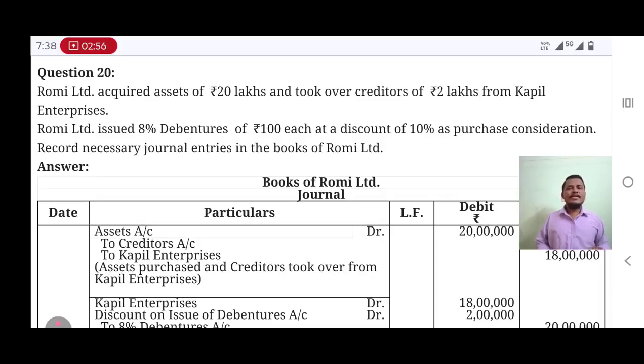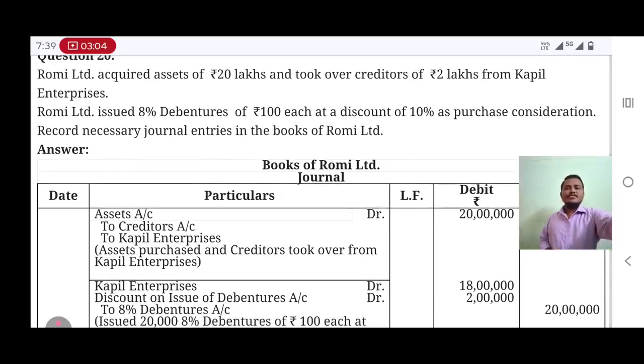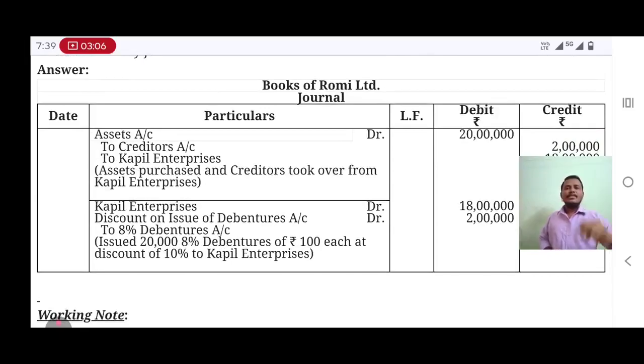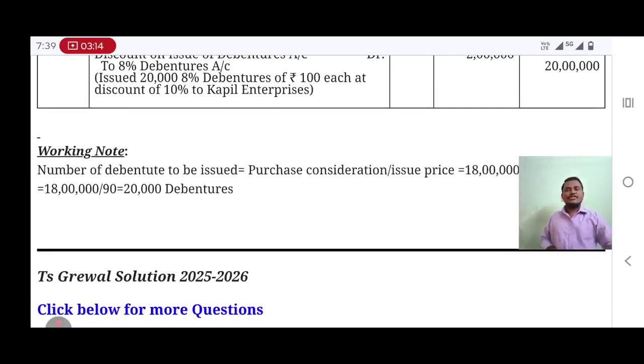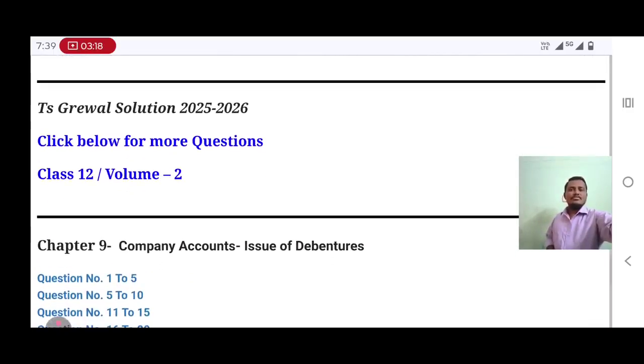So what is the entry? Asset account debit to creditors account, to Kapil Enterprises. This is the taking over entry. Then the next entry: Kapil Enterprises is the receiver of the issue of debentures. In the same way, you find the purchase consideration, and purchase consideration divided by issue price will be the number of debentures issued. Same only.